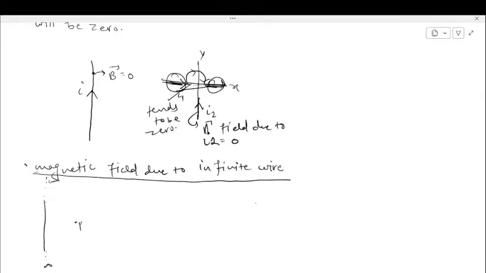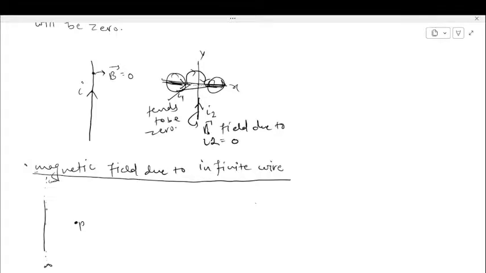Here we take the point P. We ask for the magnetic field at point P due to the infinite wire. So for this kind of question we have to find the magnetic field at point P.